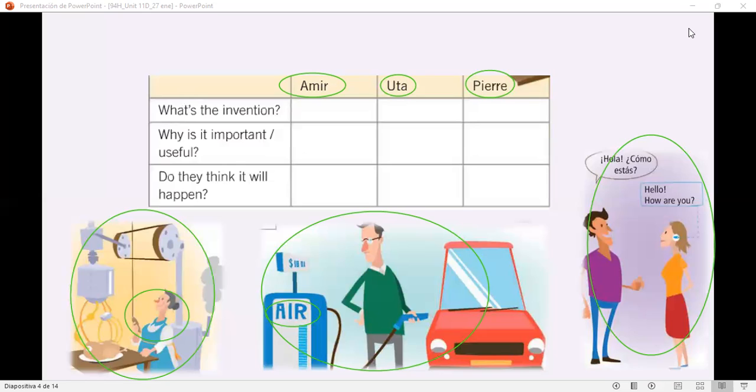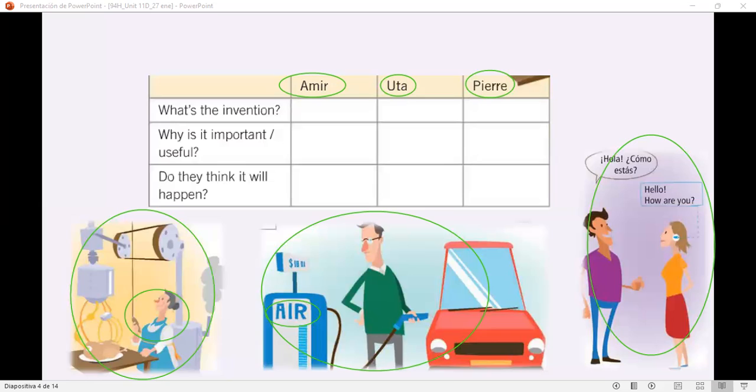So pay attention because today we're going to read and listen and write about inventions. Sí, hoy nuestro tema principal va a ser los inventos. So pay attention to the listening, guys. Don't be scared. No se asusten porque les voy a reproducir el audio. Pongan atención para que me puedan ayudar con las respuestas.